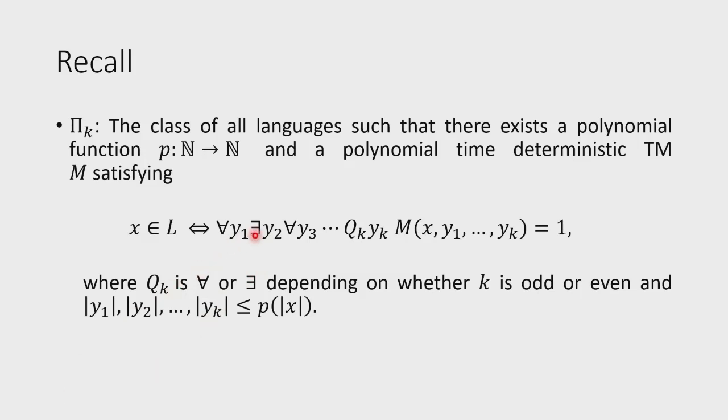That is one of the problems. Also, if k were just 1, then this entire part won't be there, and you would just have for all y1, M of y1 is equal to 1, which is exactly the class co-NP. So pi 1 is co-NP. Again, pi k is a generalization of the class co-NP.